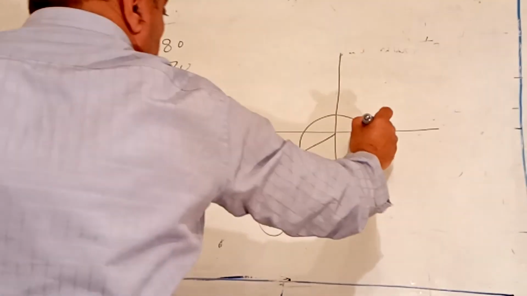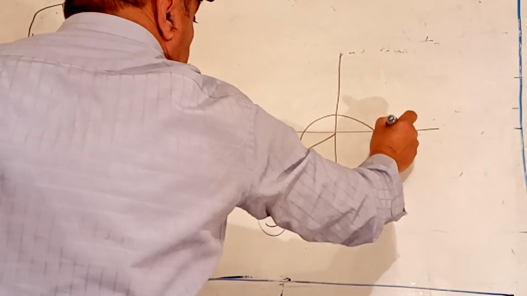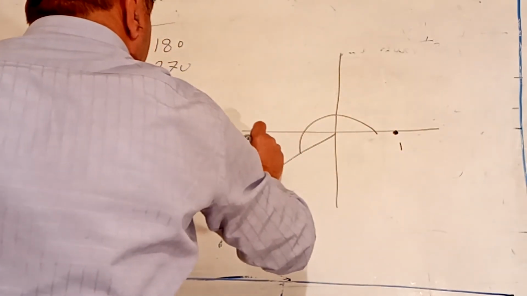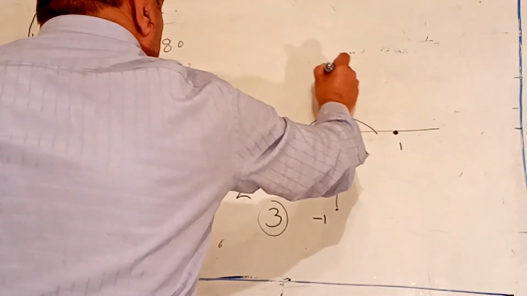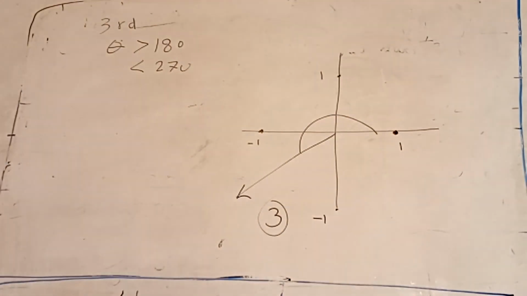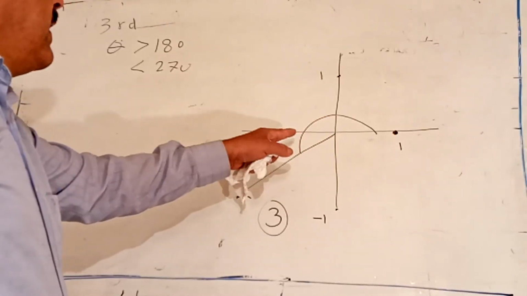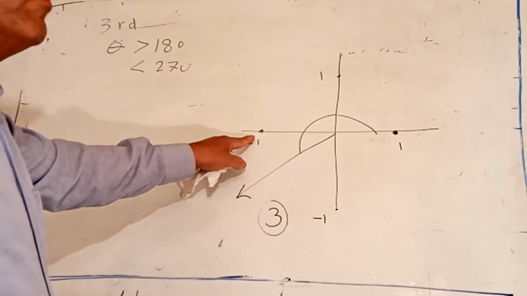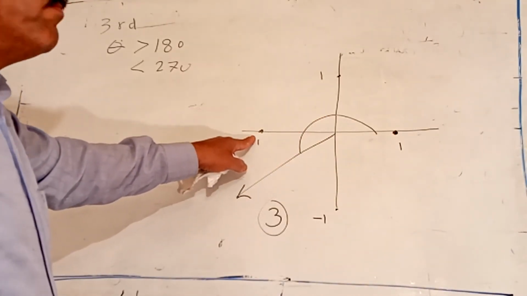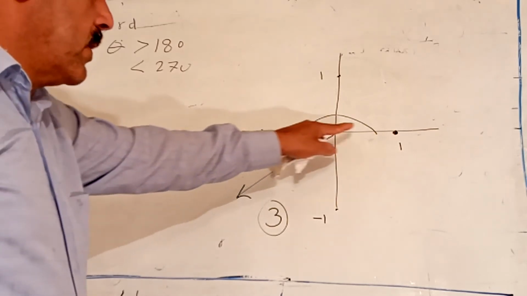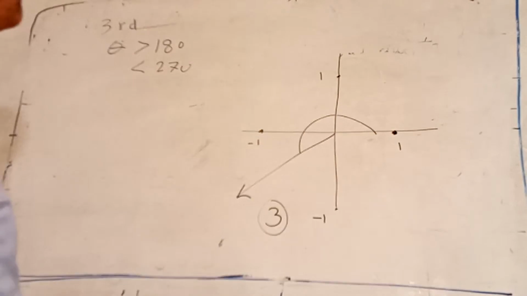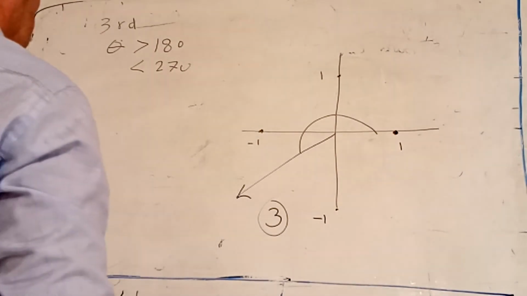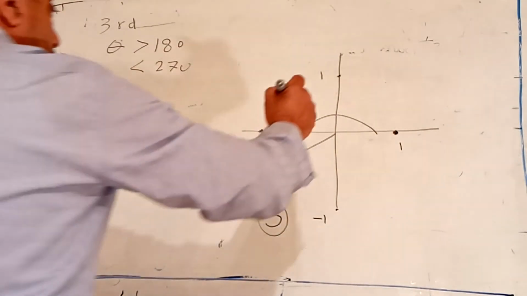Don't forget, this is 1, this is minus 1, and this is minus 1, and this is 1. By the way, at 180, cosine 180 is equal to minus 1. Okay, let's move on now. Let's say this angle is 210.